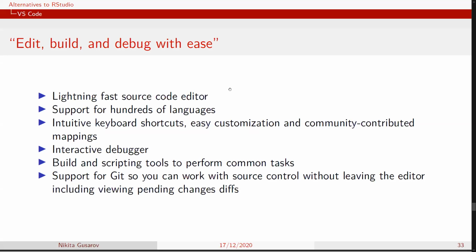Then there is, first of all, productivity, because it's one of the most lightweight editors based on Electron. For example, we may mention the Atom IDE, which is also based on Electron and was developed by the GitHub community, but at this stage it's slower and takes much more resources than VS Code.